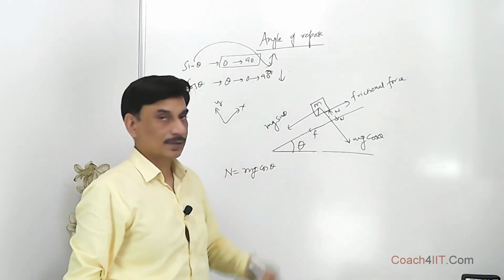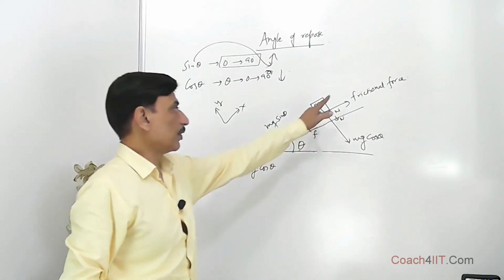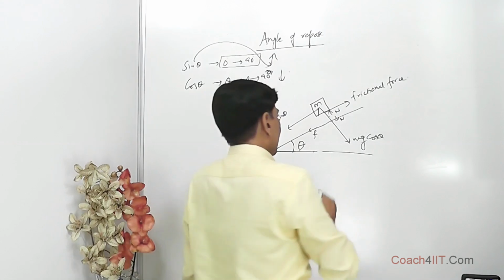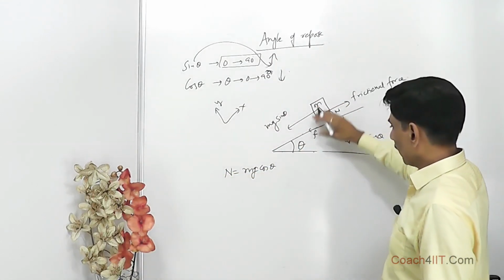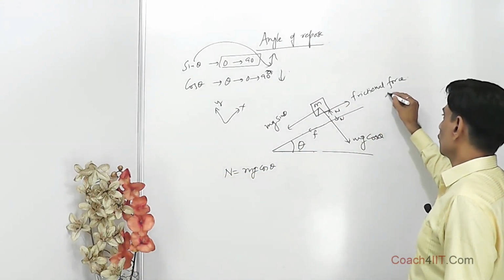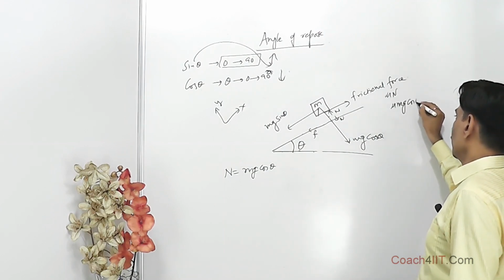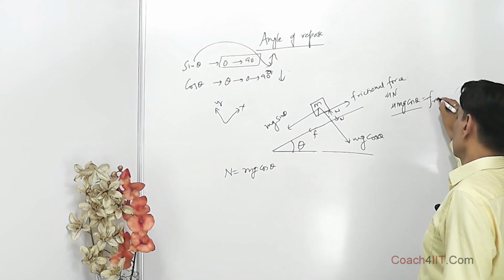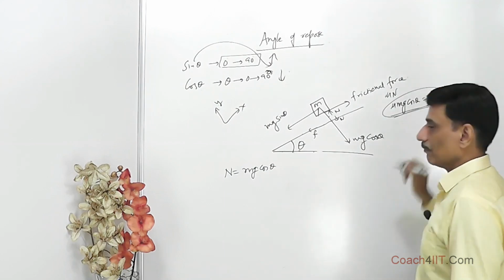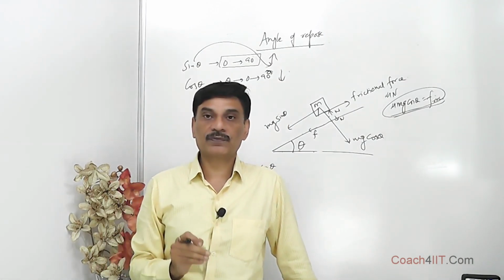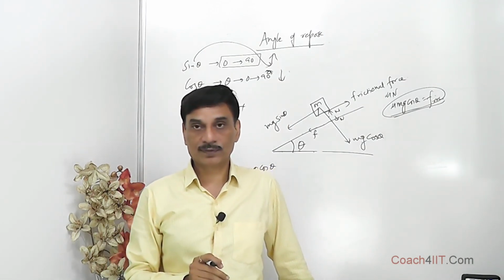At this juncture, we cannot say that the friction force is mu into N. Generally students make a mistake: they say that if the angle is theta, the friction force is going to be mu into N, that is mu mg cos theta. But remember, this is the limiting value. When we say mu into N, please understand this is the maximum value of friction force.